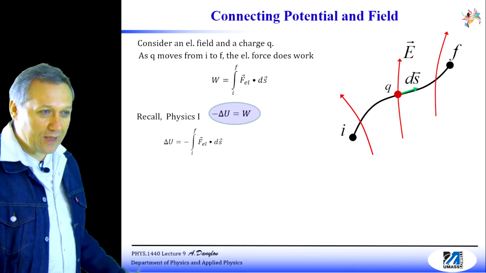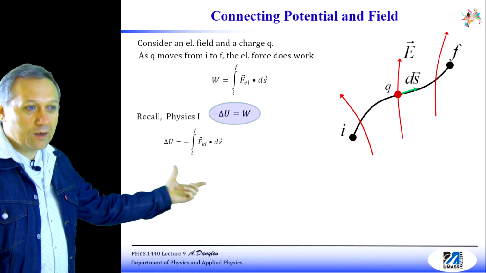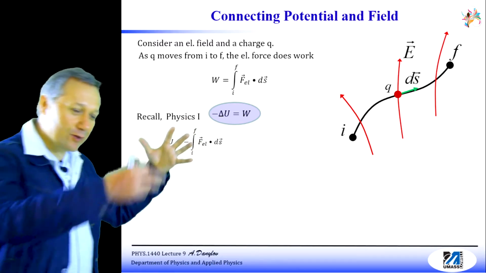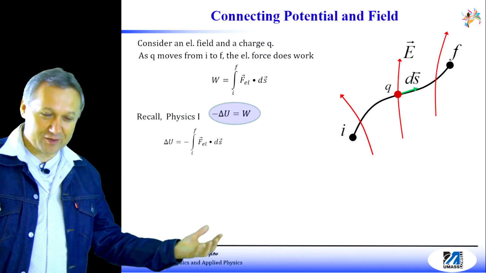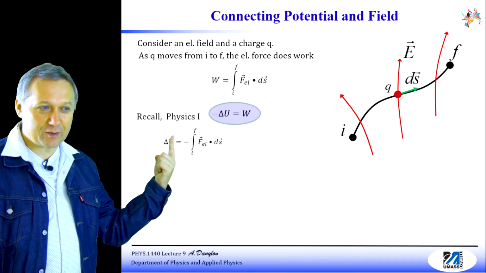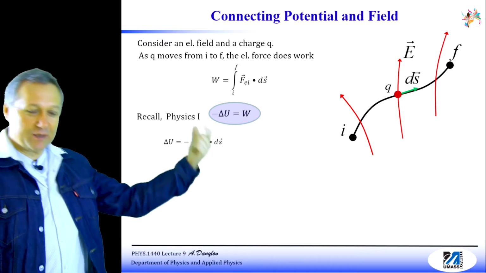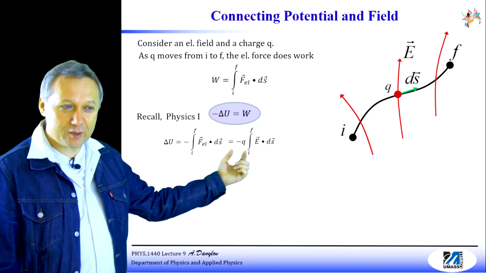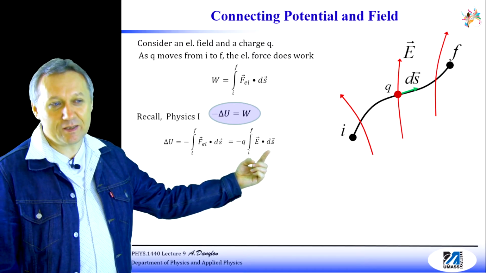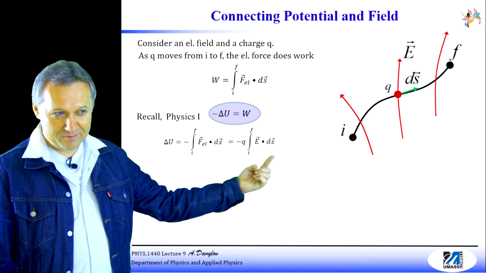Next, since we know electric force equals charge times the electric field, and charge is a constant factor inside of the integral, of course, we can take it outside of the integral. So we're going to get something like this: minus q times the integral of E dot ds.